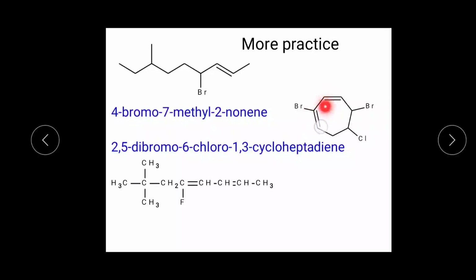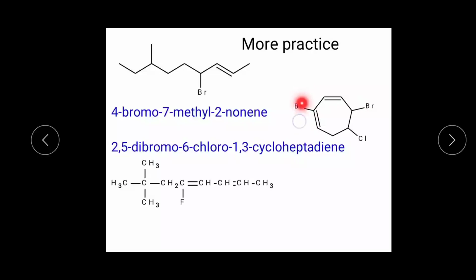There are 2 double bonds, so it is a diene. So 1, 2, and 3, 1,3-cycloheptadiene. Now, let us try to locate the side chains.